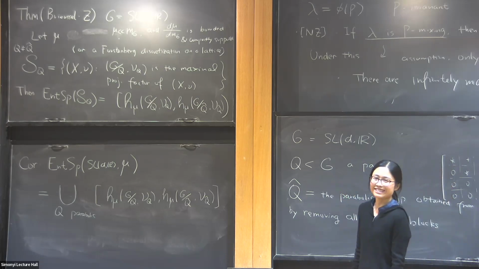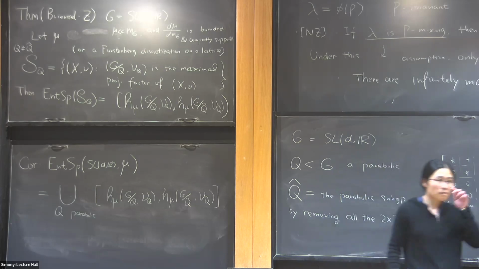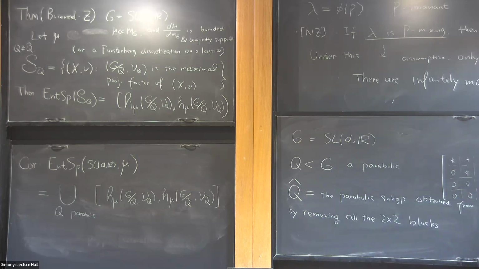So for these classical groups like SLDR, is it essential for you that you work over the real numbers, or could you replace the real numbers with something else like the p-adics? Yeah, that's a very good question. The Nevo-Zimmer theorems have been recently extended to other fields, p-adics or the Laurent rings.